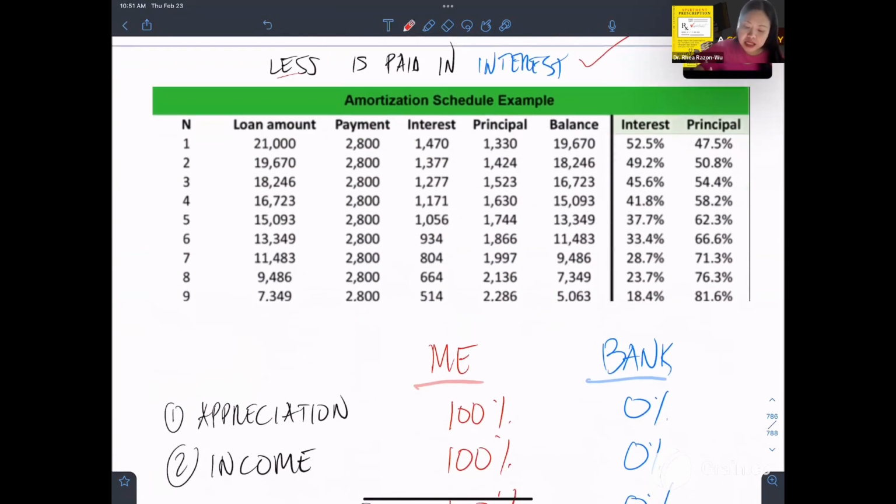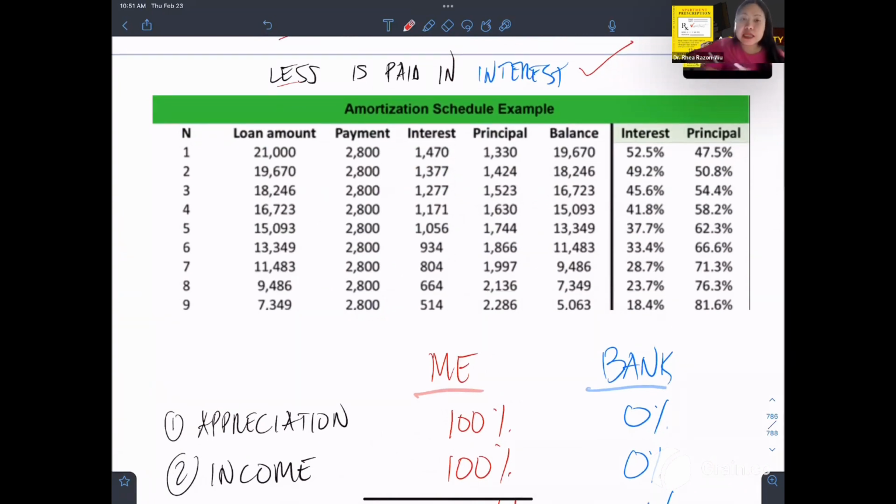So let me give you an example. This is a chart showing the amortization schedule. Now, this is year one to year 9. The starting loan amount is $21,000.